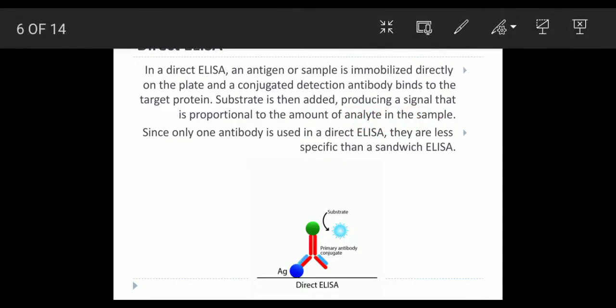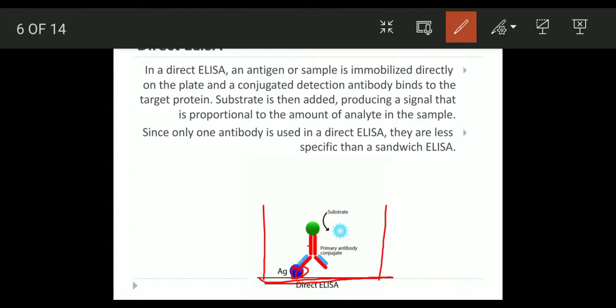Okay guys, now let's understand what it actually means. So guys, suppose this is the titer plate or well. This is one well. At first, the antigen or a sample binds with the base or bottom of this plate.